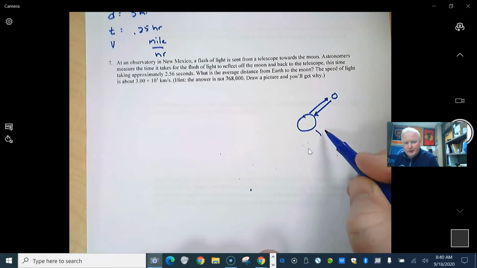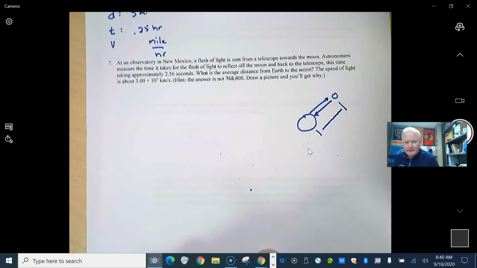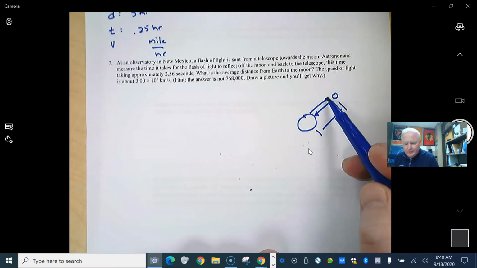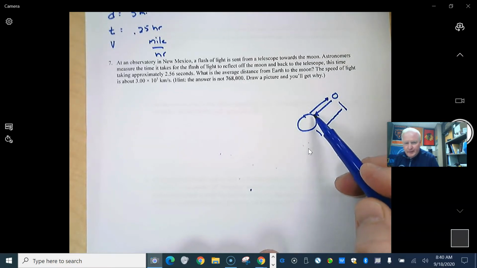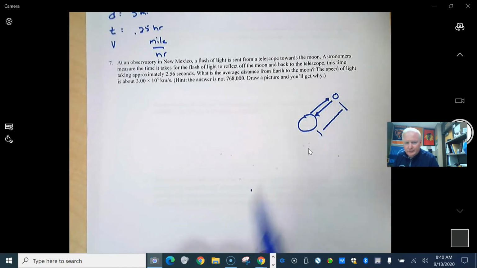They ask you how far the Earth is from the moon. When you look at this picture, the distance that you found is from the Earth to the moon and back. But they've only asked for the distance between the Earth and the moon. So you'll have to do something with your answer to adjust for that.